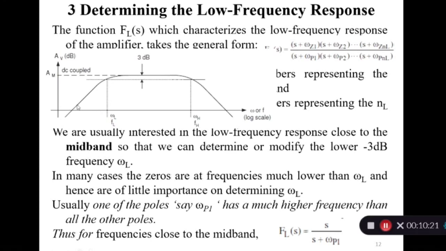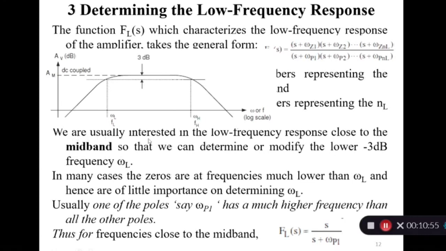But we are not interested in calculating the frequency at this point, or at this point. We are interested in calculating the maximum frequency in the low frequency range. That maximum frequency is at this point, which is just near the mid band.